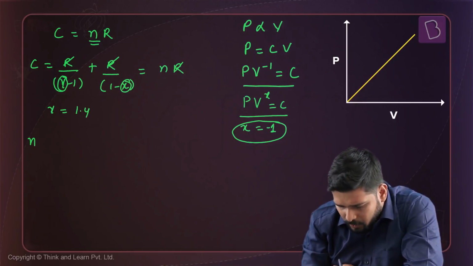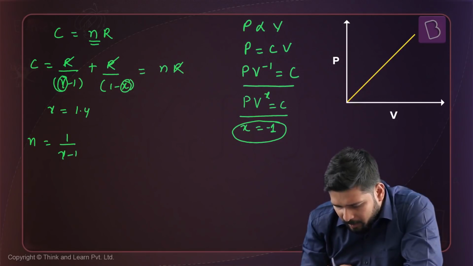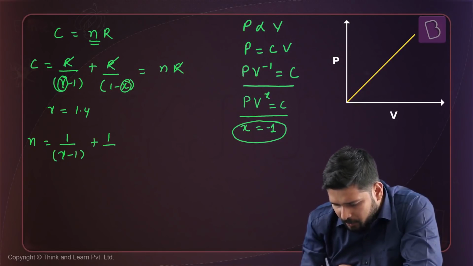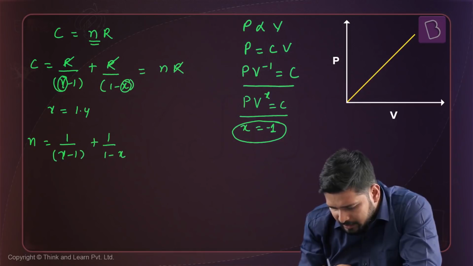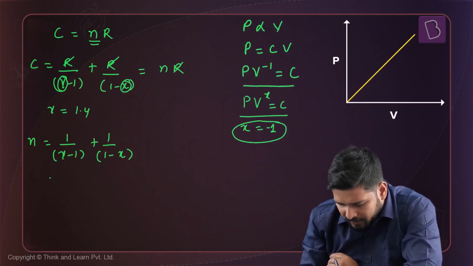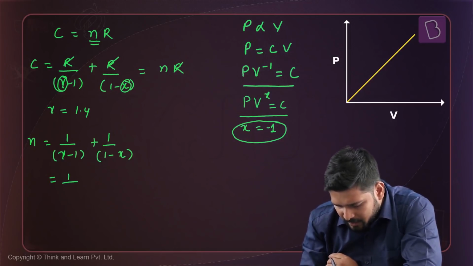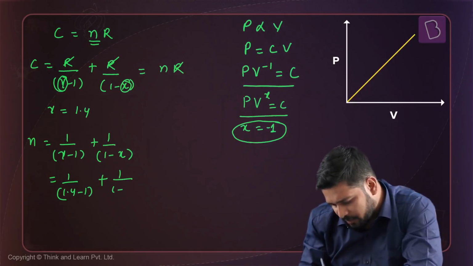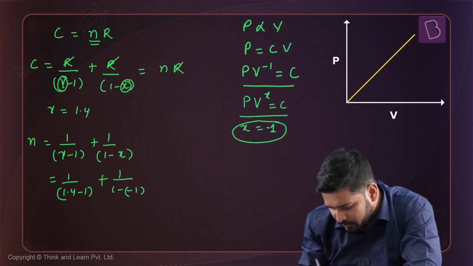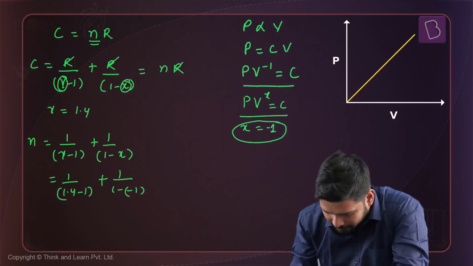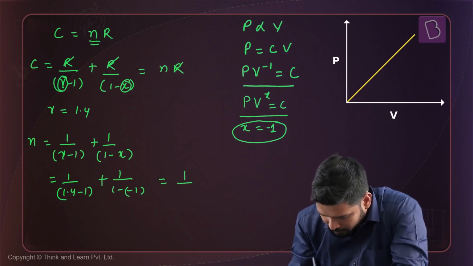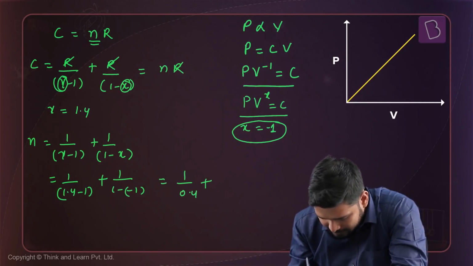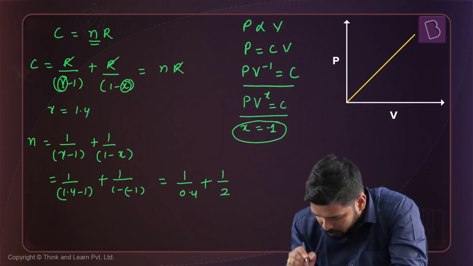So I know n equals 1 upon gamma minus 1 plus 1 upon 1 minus x, right? If I substitute that, I get 1 divided by 1.4 minus 1, plus 1 minus of minus 1, that will be equal to plus 1, right? So if I solve this further, I get 1 upon 0.4 plus 1 by 2, right?